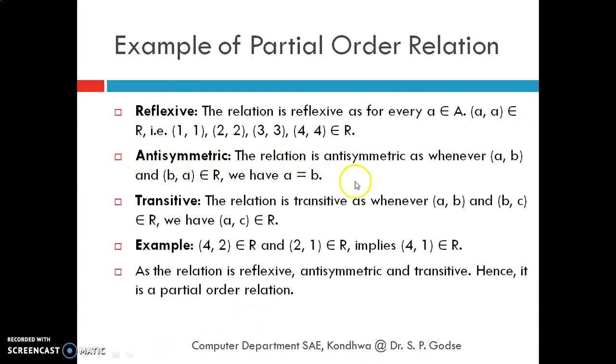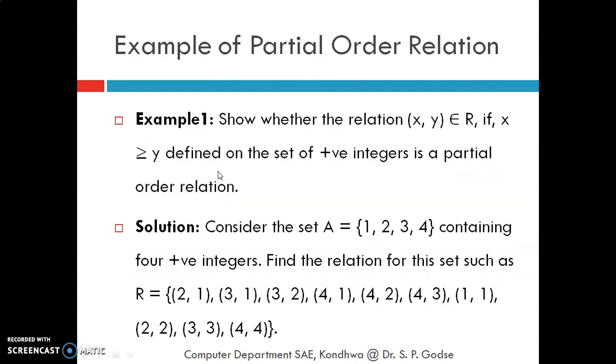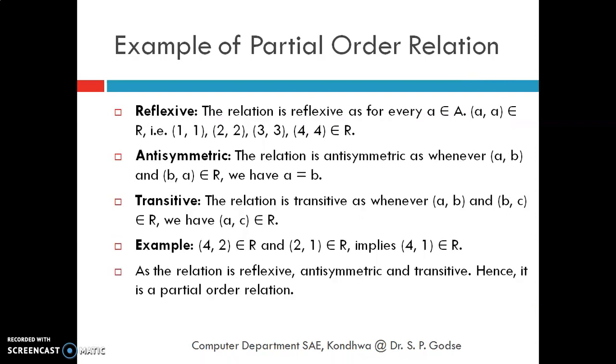The relation is antisymmetric as whenever (A, B) and (B, A) belong to R, we have A equal to B. So this kind of pairs are present, four pairs are present, so this relation is an antisymmetric relation.